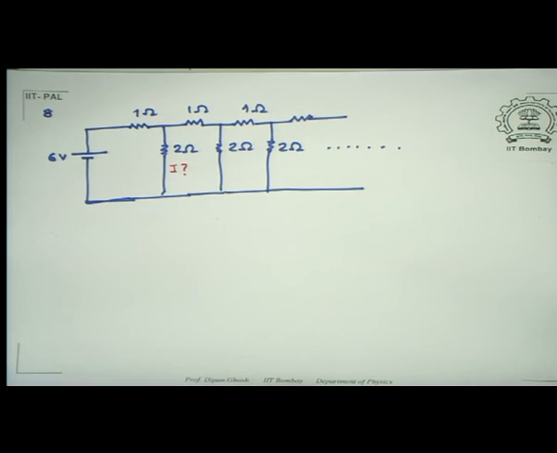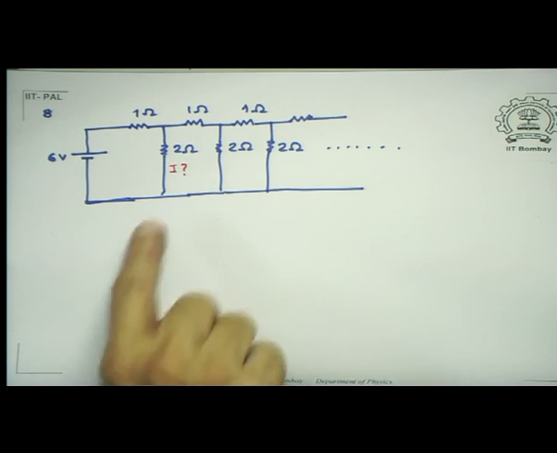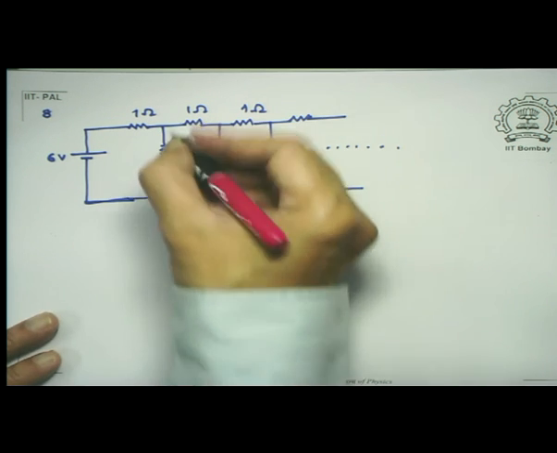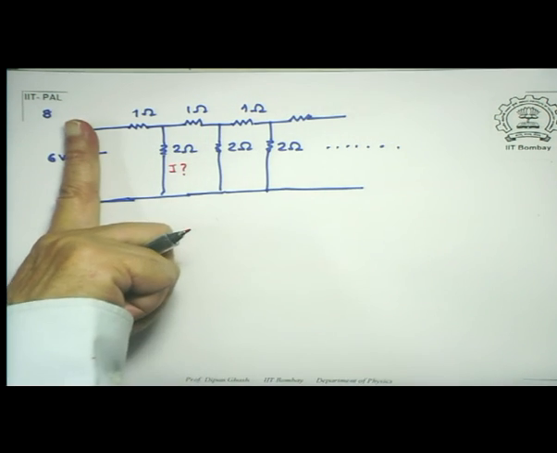Now let's look at that. We will assume the following. Suppose I assume my resistance R to be the equivalent resistance there. Then this circuit that I have got, I can do like this. Imagine, forget about this battery.